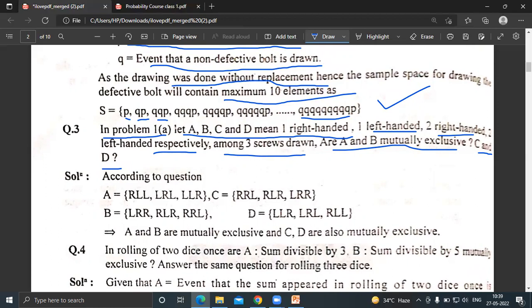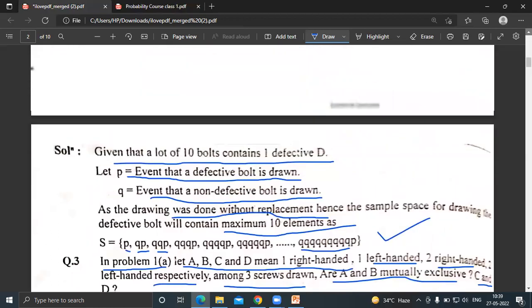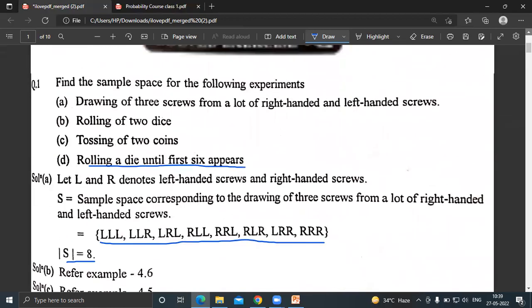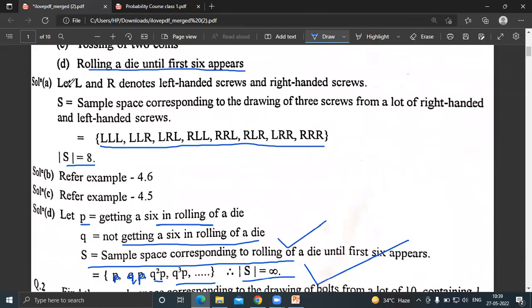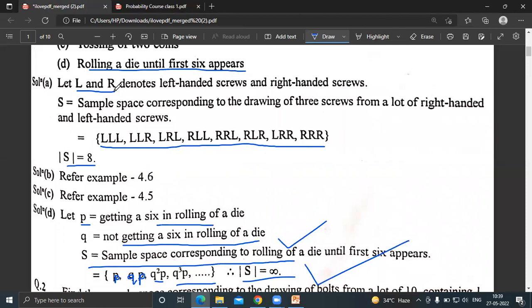So what is problem 1A? Let me check that question again. Problem 1A is to find the sample space for drawing three screws from a lot of right-handed screws and left-handed screws. And we denoted L as the left-handed screws and R as the right-handed screws.